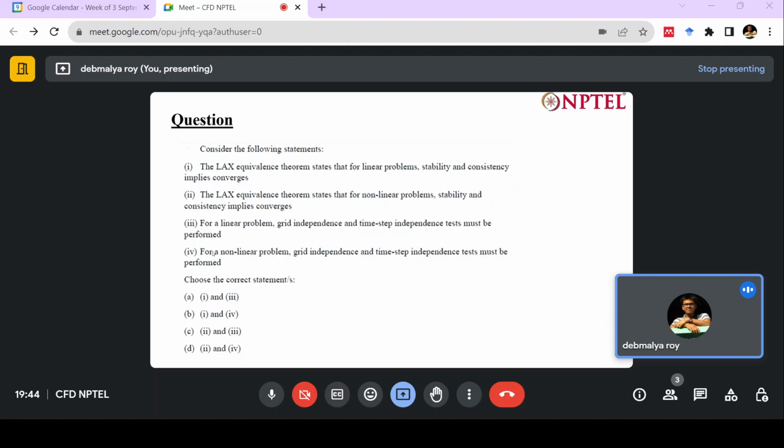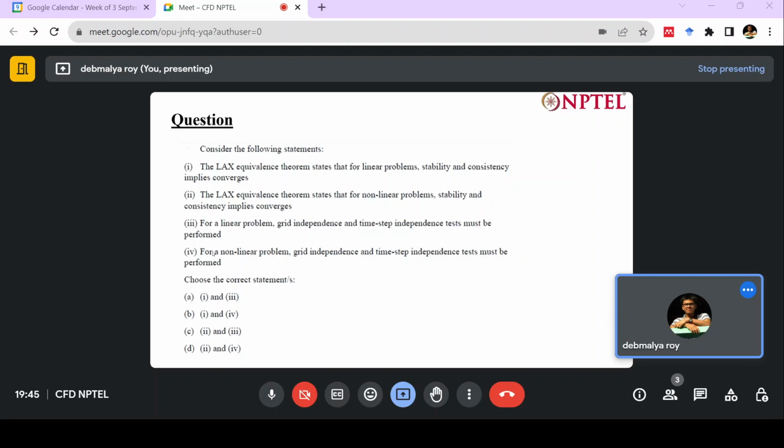The next question is about Lax equivalence theorem, and we need to know the Lax equivalence theorem if we want to answer this particular question. So what is Lax equivalence theorem? It deals with the convergence of a particular problem.